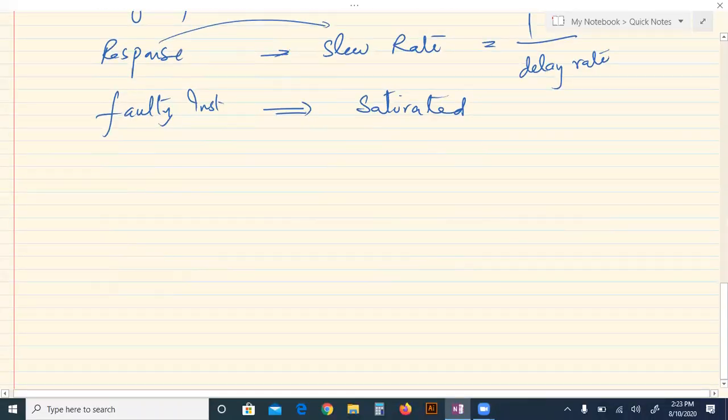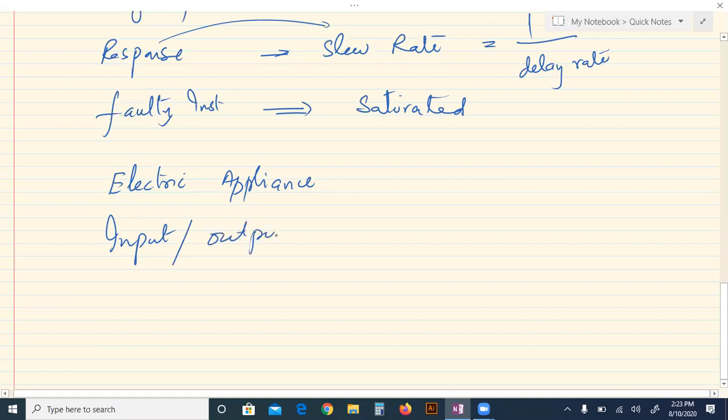In an electric device, in an electric appliance, input and output will be voltage and current.